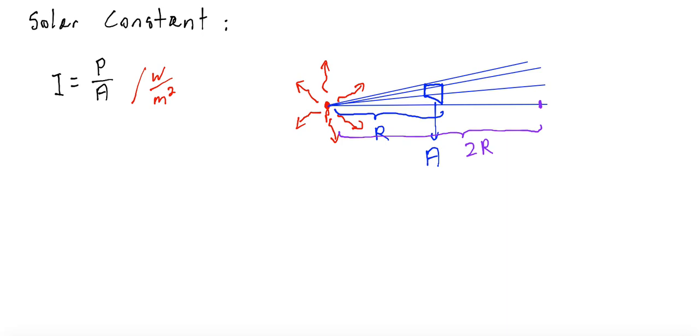The same amount of radiation, the same stream of radiation, which is here in this kind of cone or pyramid, covers a larger area, because at this distance of 2r, the area which takes the same amount of radiation is 4 times bigger.